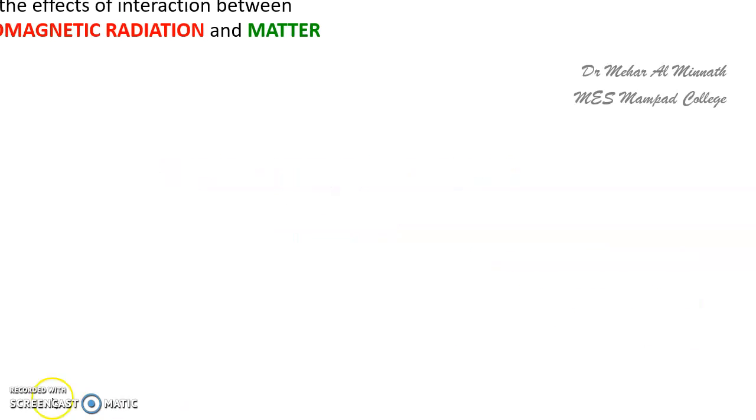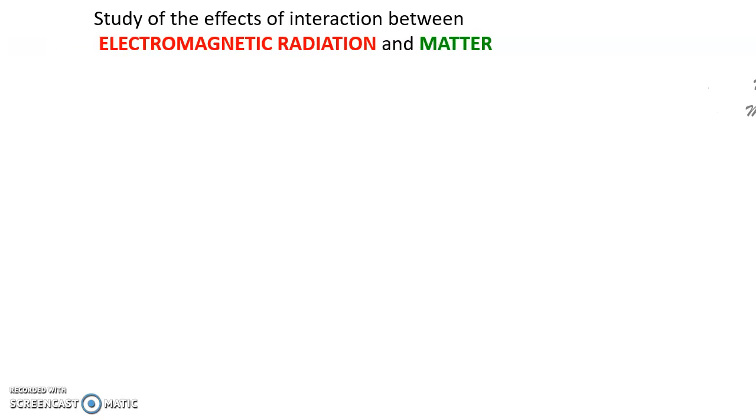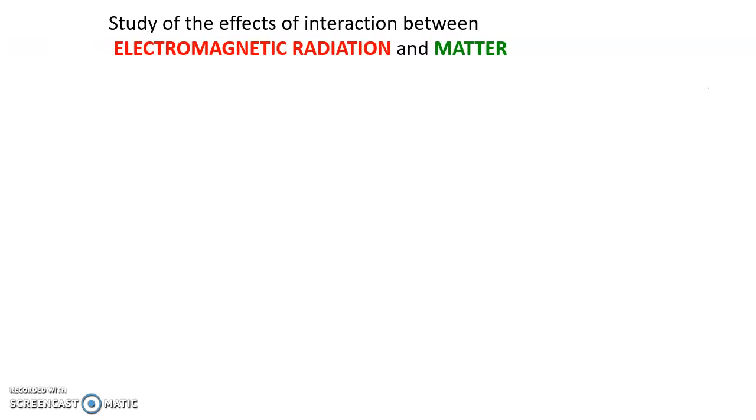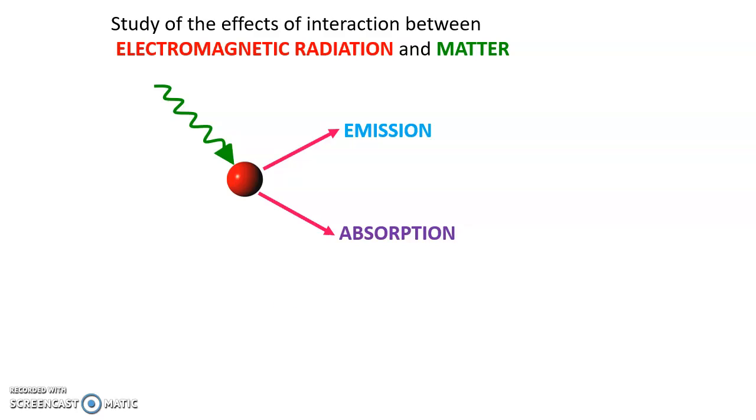Now we know that spectroscopy is the study of the effect of interaction between electromagnetic radiation and matter. So when a molecule or a sample is irradiated with light or electromagnetic radiation, either emission or absorption will happen.